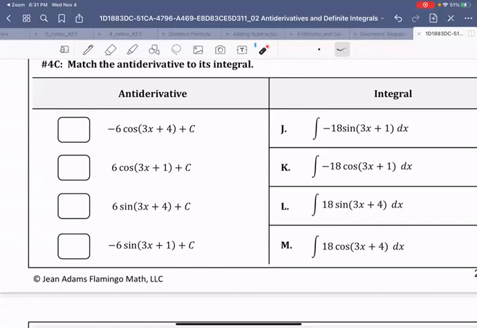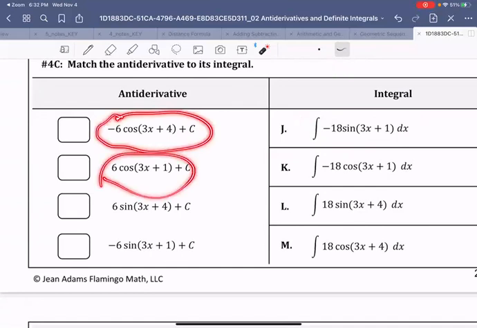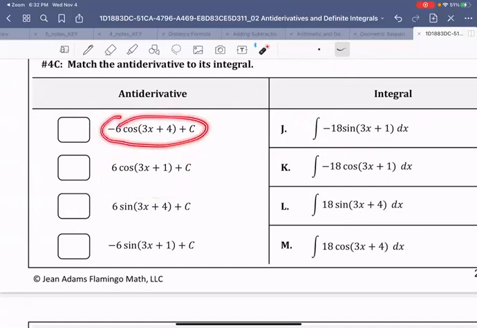Okay. This is saying that this is an antiderivative. So you are going to match this. What I'm going to do is take this guy's derivative. If the derivative of the left equals the guy inside, then they match, right? Yes. Okay.